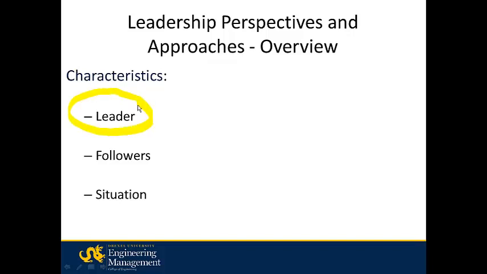It's more leader-centric. The second is the focus on the followers: how does what I am doing affect the people that I'm leading? And the third is, how is what I am doing affected by, or how does it affect, the situation? These are three very high-level groupings that you want to remember as we progress.